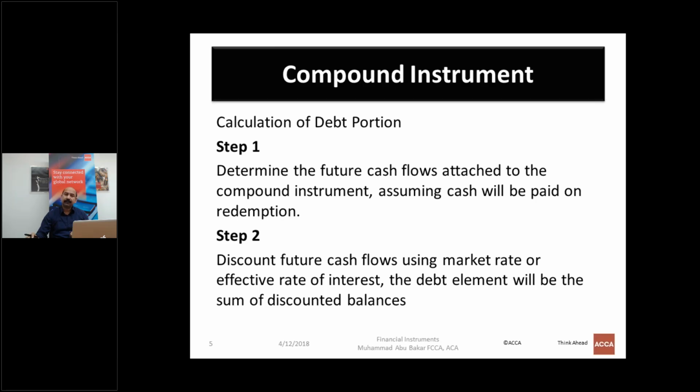So next, we shall discuss if there is an issue cost, because yesterday we discussed 2 illustrations in order to demonstrate how can you separate debt and equity element. Today, if there is an issue cost, because that issue cost relates to both debt element and the equity element, what will be the method for that?